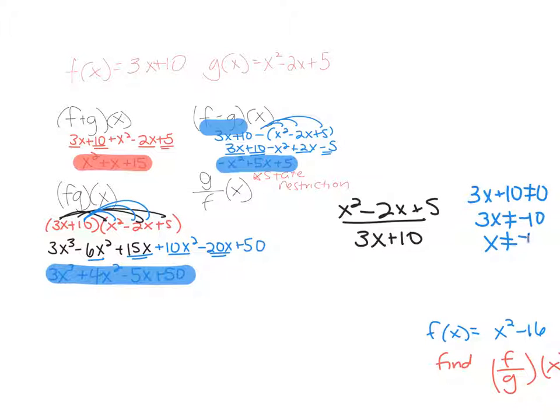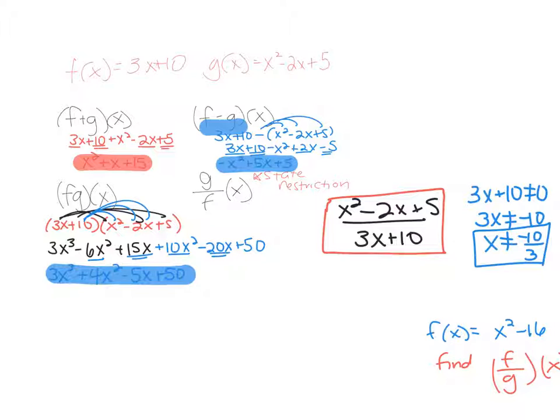Divide by 3. And there's my restriction: x cannot equal negative 10 over 3. And then I would go back to my fraction and see if I can factor the top or the bottom to cancel stuff out. There are no factors of 5 that sum to negative 2, so that's not factorable. I would keep that exactly how it is.